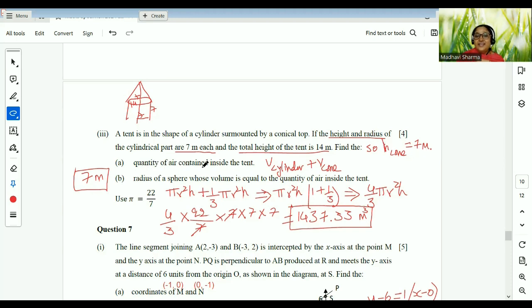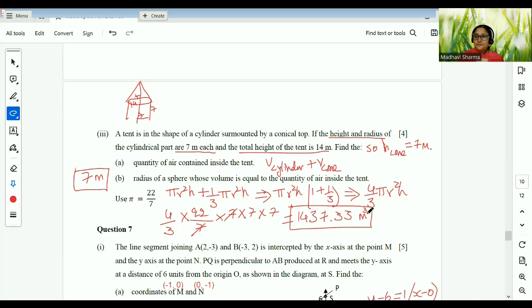Find the quantity of air contained inside the tent, which will be volume of the cylinder plus volume of the cone. Pi r square h plus 1 upon 3 pi r square h. If you take pi r square h outside, you will get 4 upon 3 pi r square h. 4 upon 3 into... I will get 1437.33 meter cube.